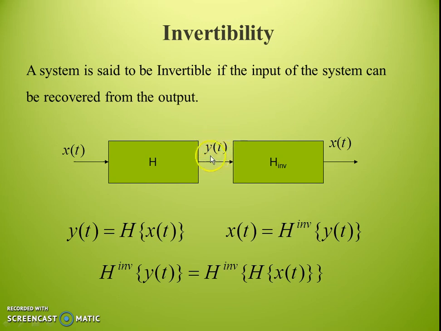If I feed this output y of t to another system whose function is h inverse, then if the output is x of t, we say that this system is an invertible system. Or we can see that for the system to be invertible, the two operations must be reciprocal of each other, or the multiplication of these two operations must be the identity value, or 1.